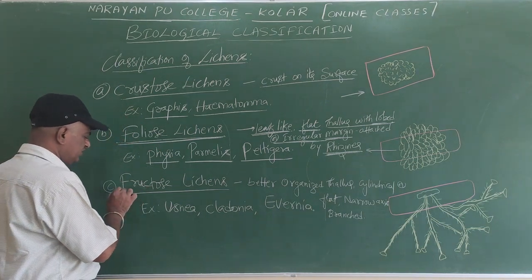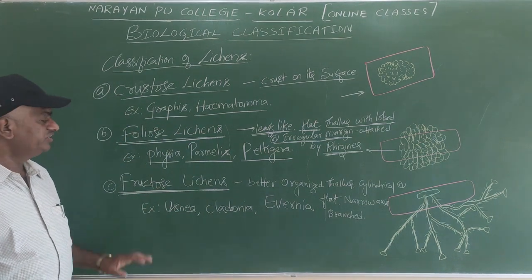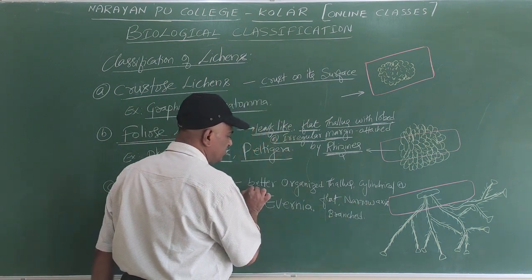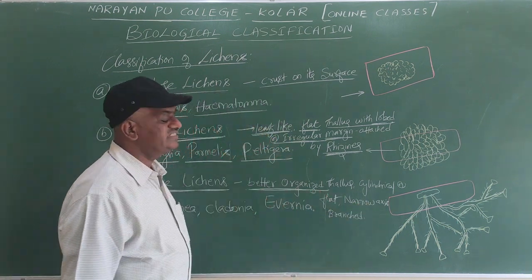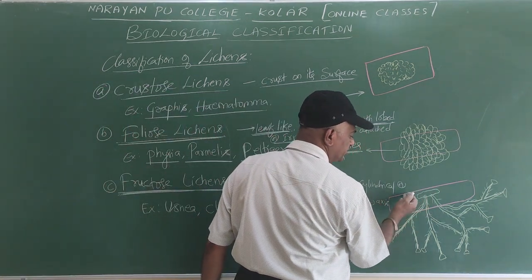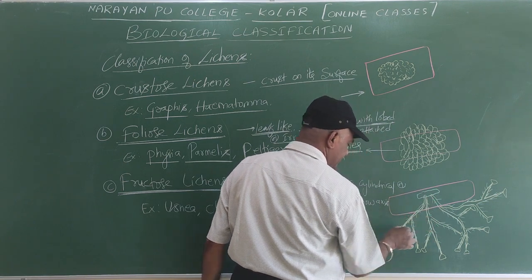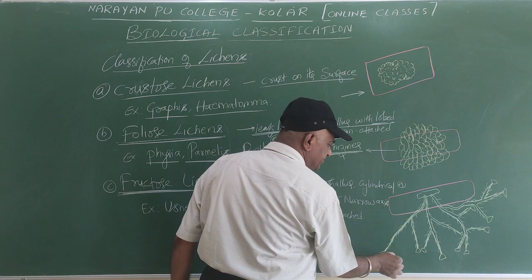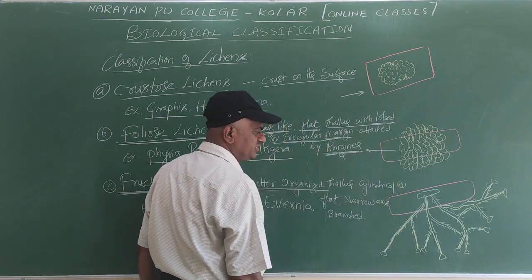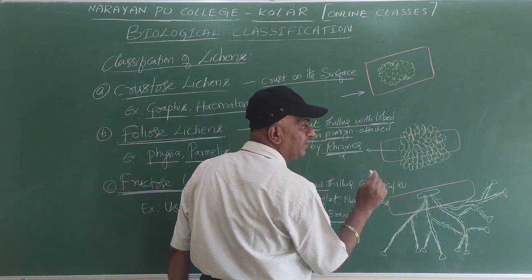Now the next one is fruticose lichens. In fruticose lichens, the thallus is well developed, or better organized. It grows on the host, attached to the substratum, and is branched. It may have a flat or cylindrical narrow axis, and it is profusely branched and looks like a small plant hanging.